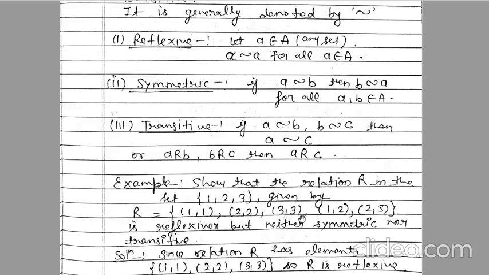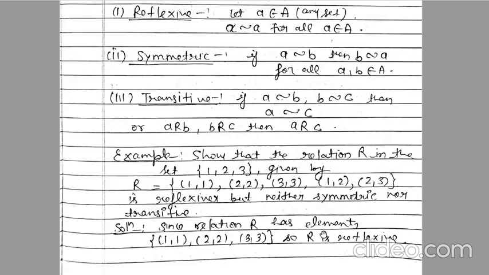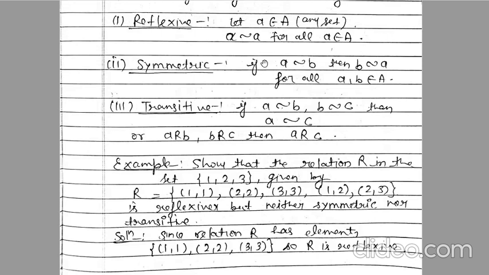This is the relation. We need to check that this relation is reflexive but neither symmetric nor transitive. So our target is to check that it is reflexive but not symmetric and not transitive. First, what is the reflexive property? If you have an element and that element is related to itself, then you can say a reflexive relation exists.